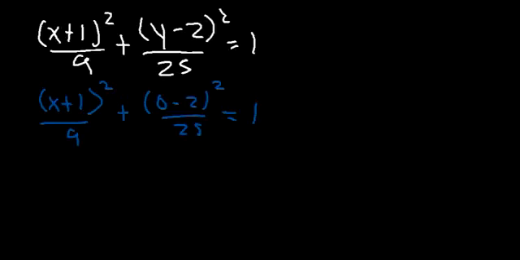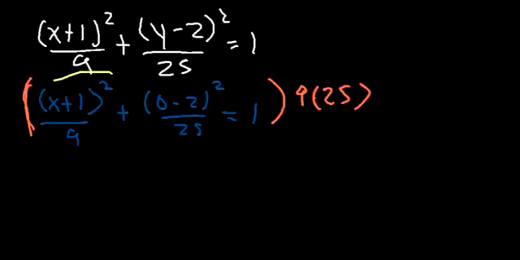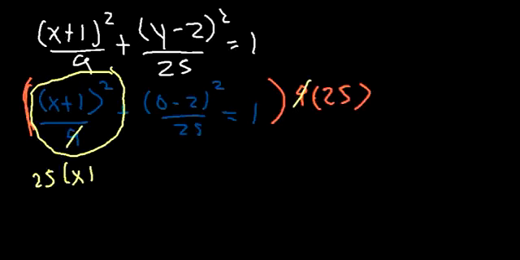What I would do to get rid of all the fractions is multiply by 9 and 25. If you take this term and multiply by 9 and 25, the 9's cancel. And so you get 25 times (x plus 1) squared. -2 squared is 4.